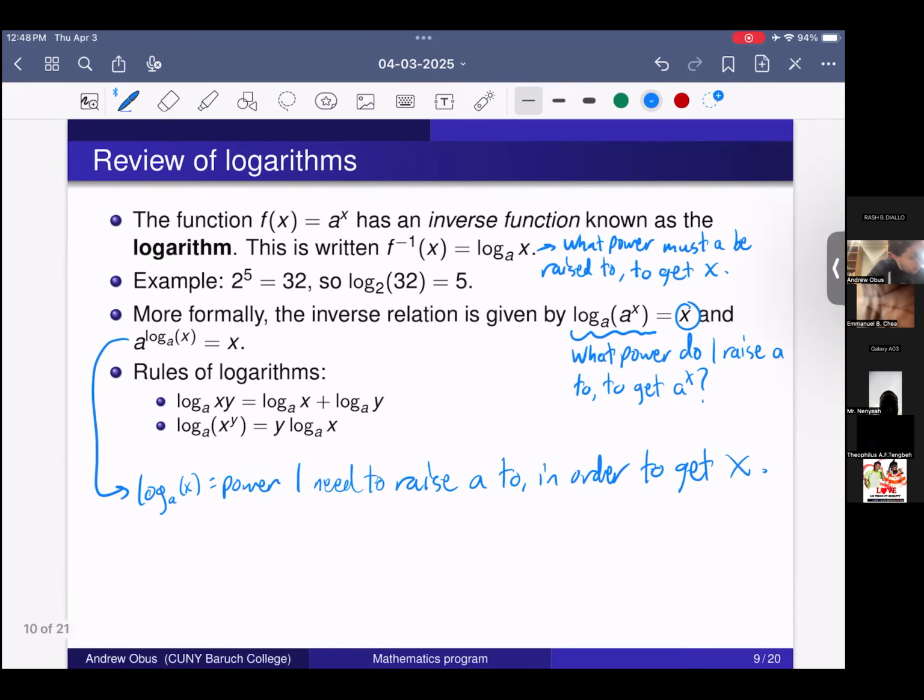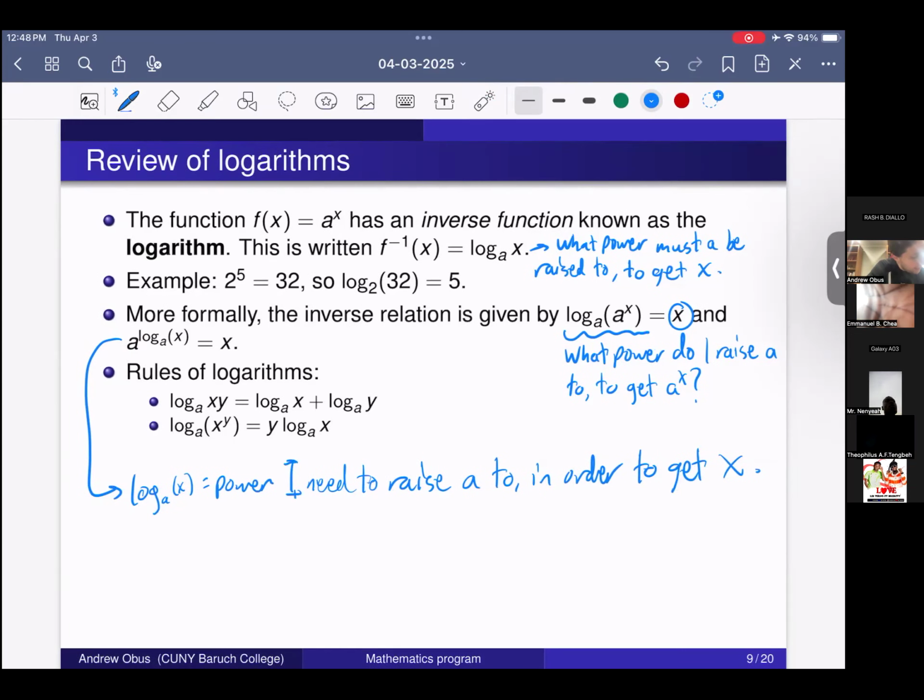So if I raise a to this power, log base a of x, then I get x. This number is literally defined as what exponent do I need to throw onto a in order to end up with x.